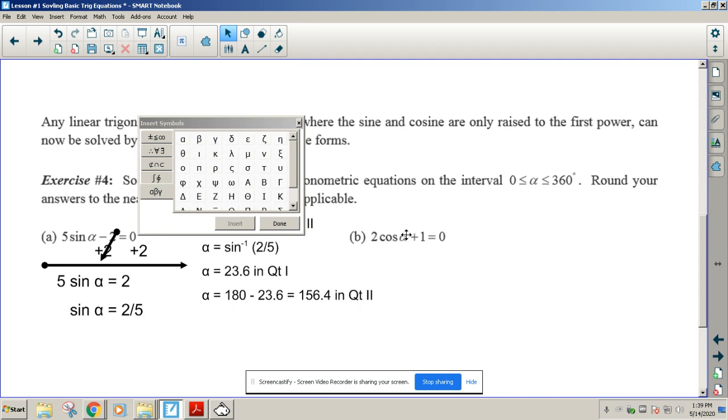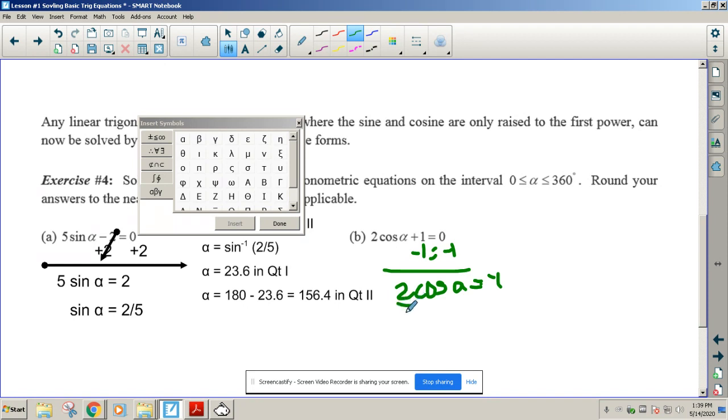And you're going to do the same thing with this one. I'm going to actually try to use the mouse to maybe move this along a little bit. I think you're getting the hang of it. You're going to subtract 1 from both sides. And now you have 2 cosine of alpha is equal to -1.